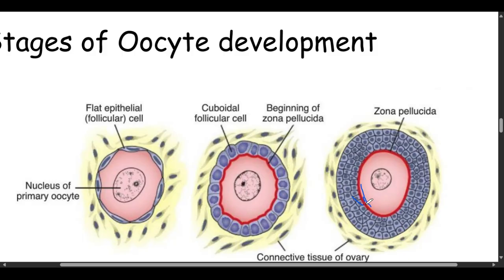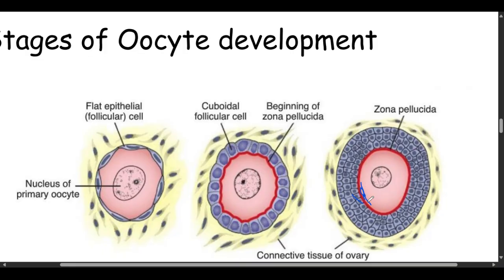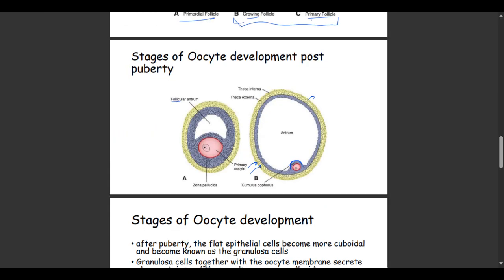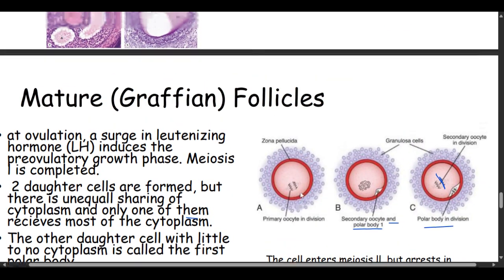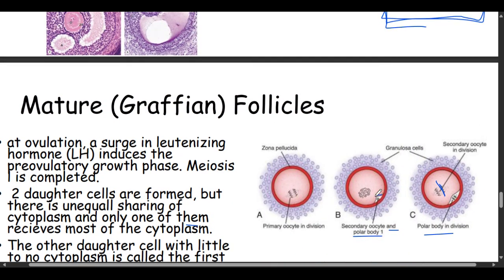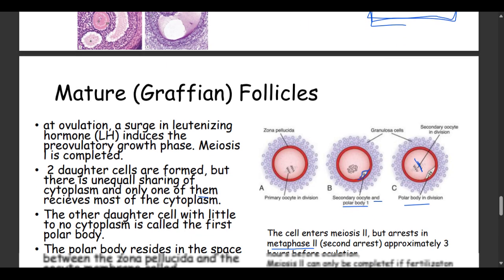So the space between the zona pellucida and the oocyte membrane is known as the perivitelline space. This is where the polar body is going to reside when that cell divides. So when that cell divides, as you can see here, the polar body resides in the space between the oocyte membrane and the zona pellucida.